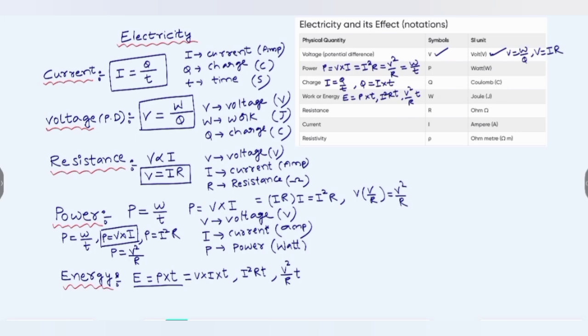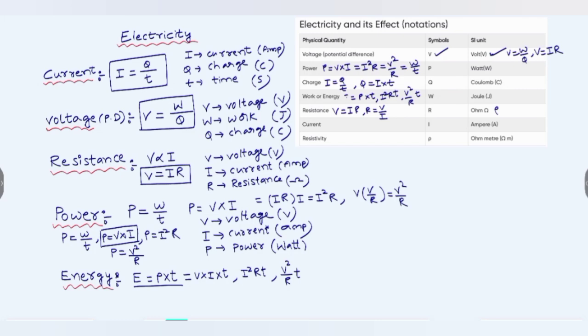Resistance, I forgot to tell you one more. One formula we have related to resistance. One basic formula we know, V is equal to IR. From this we can write R is equal to V by I. Other than this we have one more, that is resistivity, denoted by rho.